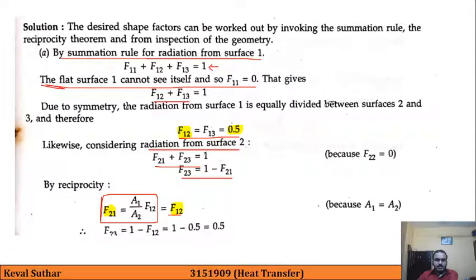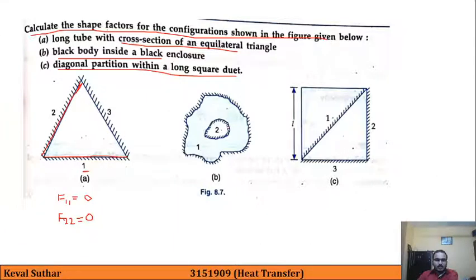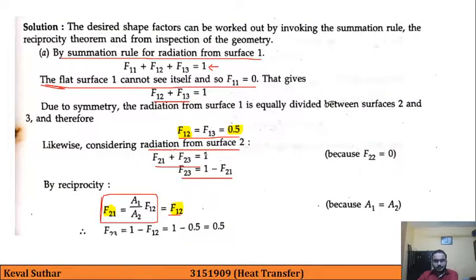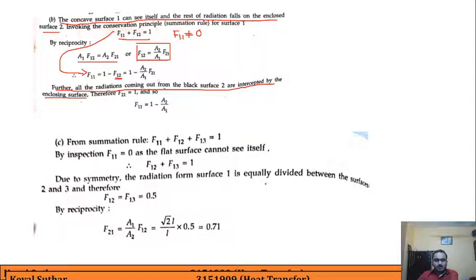So here F22 will be 0 because it cannot see itself, and F21 will be equal to 1. Because of that, we are finally getting F11 equal to 1 minus the ratio of areas.